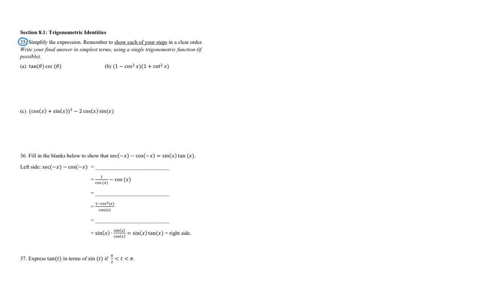Okay, so for 35, A, B, and C, we want to simplify these trig expressions down to a single trig function if possible. So let's start with A. We have tangent theta times cosecant theta. So first let's just write those as what they are in terms of sine and cosine.